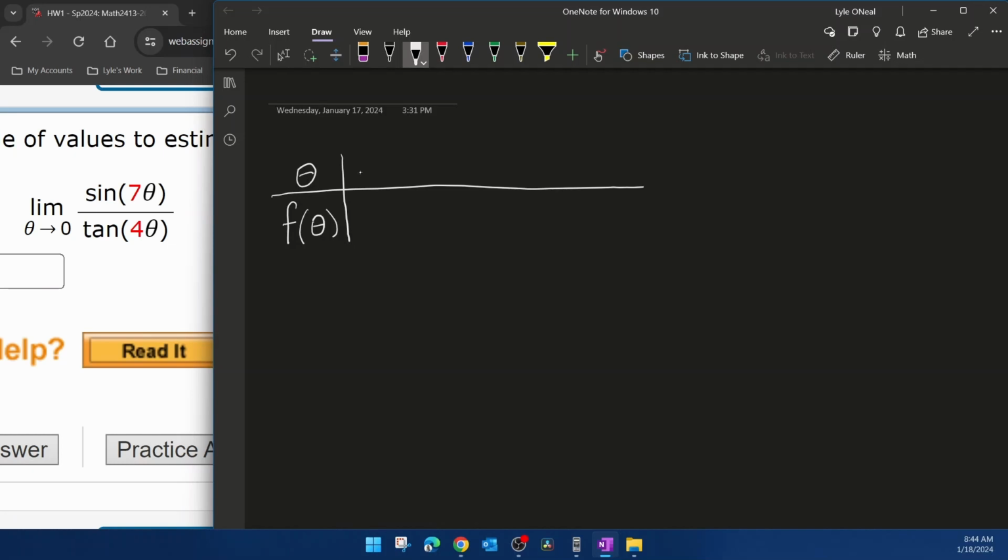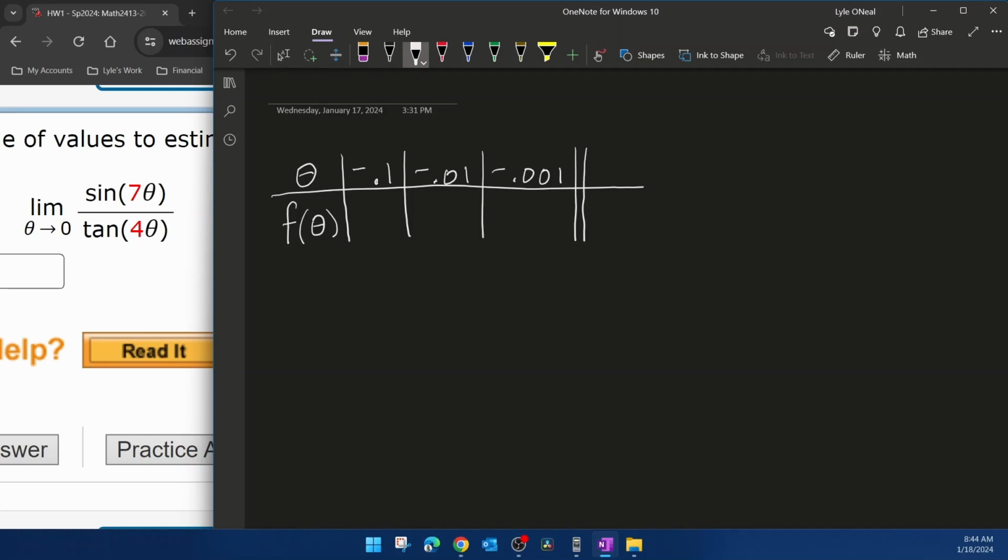So let's say, for starters, how about negative 0.1 is pretty close to 0 from the left. Getting a little bit closer would be negative 0.01. And then finally negative 0.001. So those are 3 values that approach 0 from the left, getting closer towards the middle.